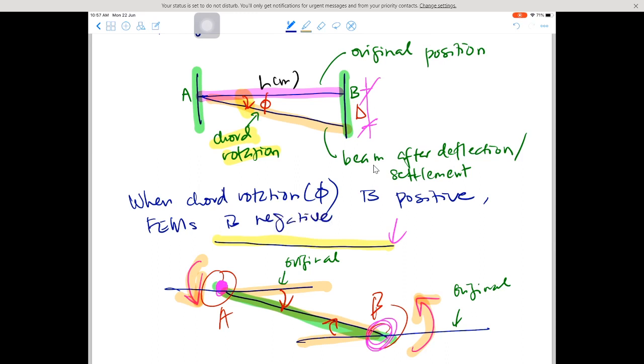Fixed end moment is negative. Okay, do you get the idea?